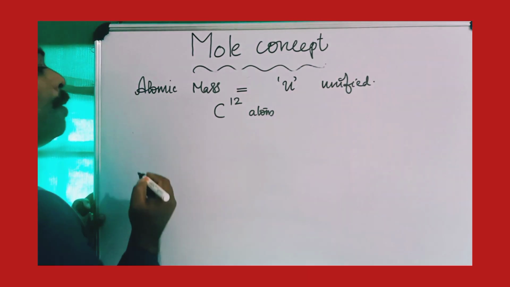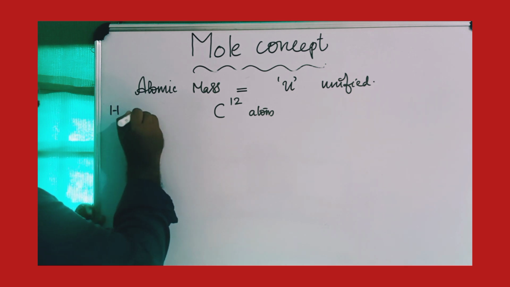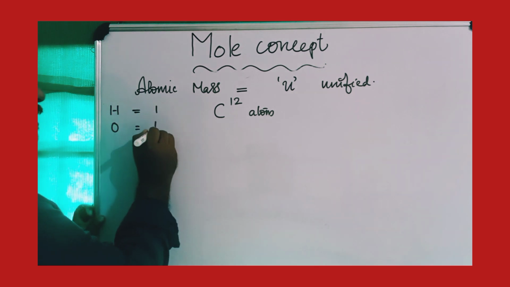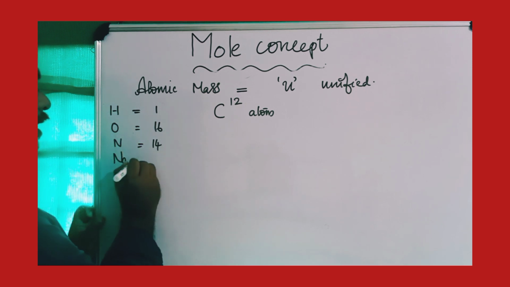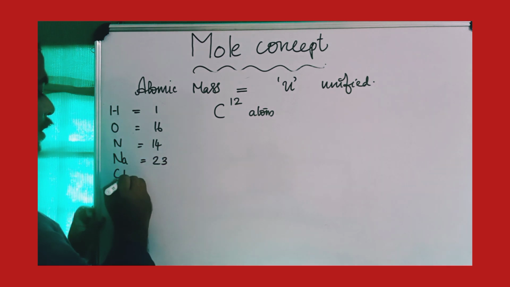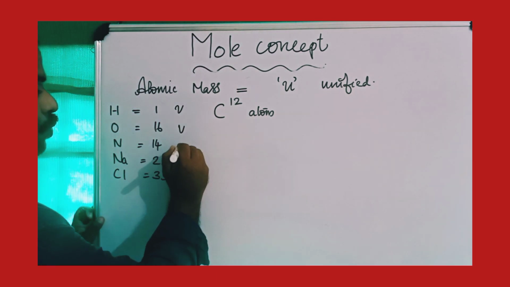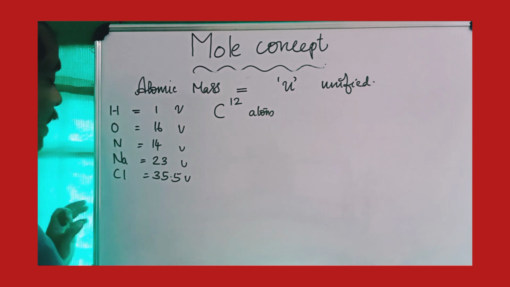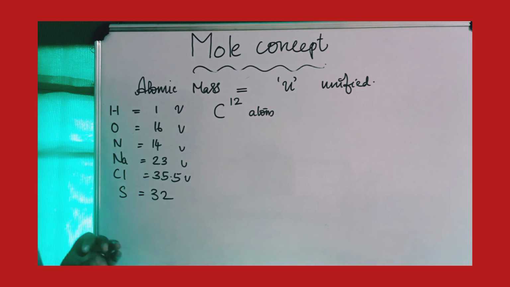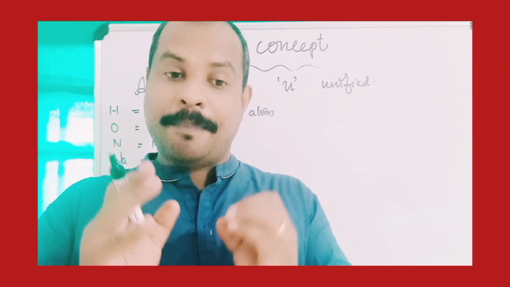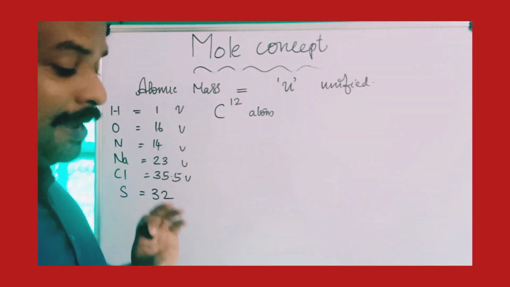We know the common atomic masses of elements: hydrogen has atomic mass 1, oxygen 16, nitrogen 14, sodium 23, chlorine 35.5, everything in u, and sulfur 32. These are the atomic masses of some common elements.